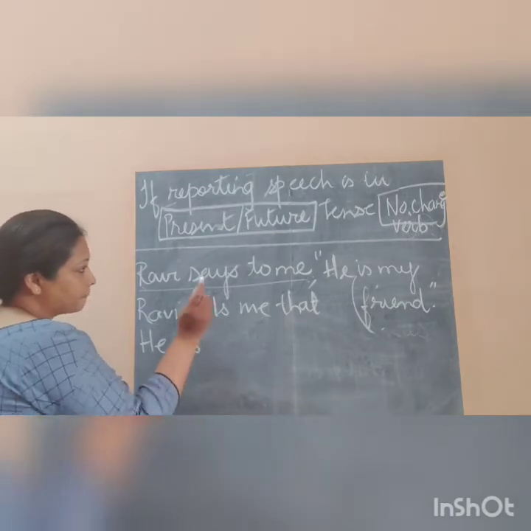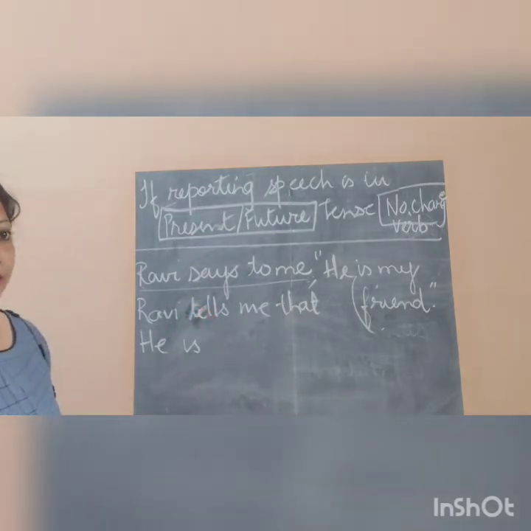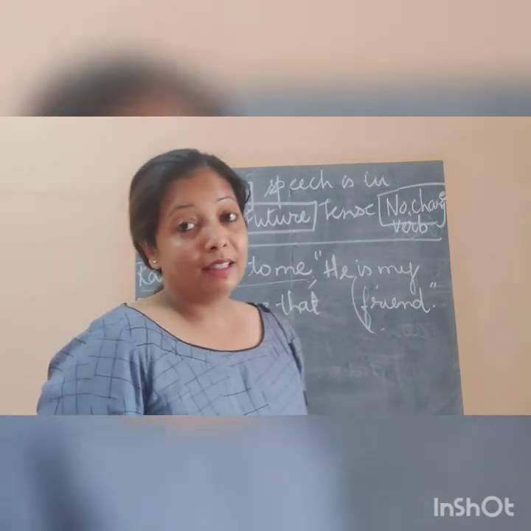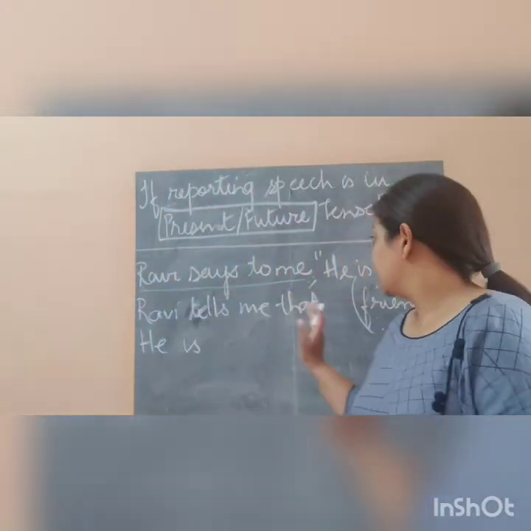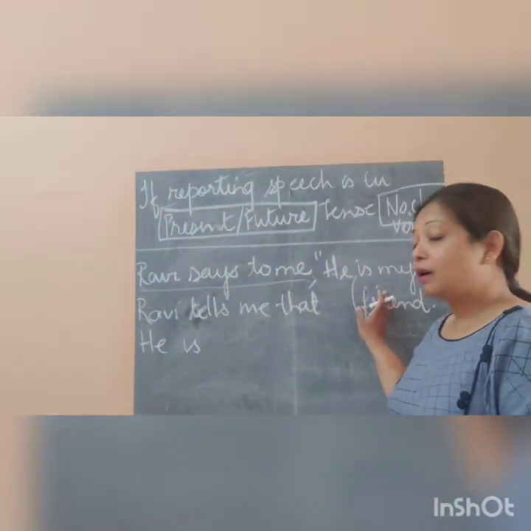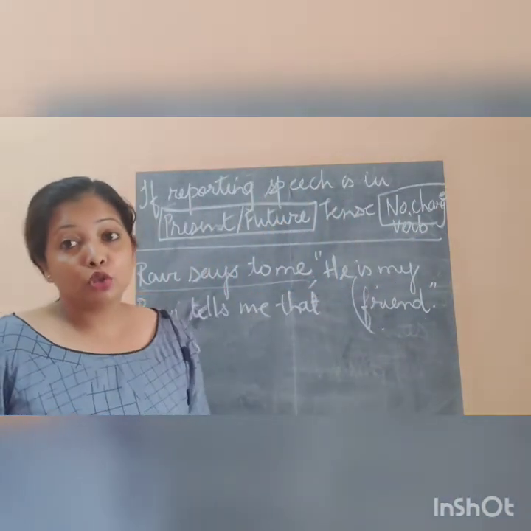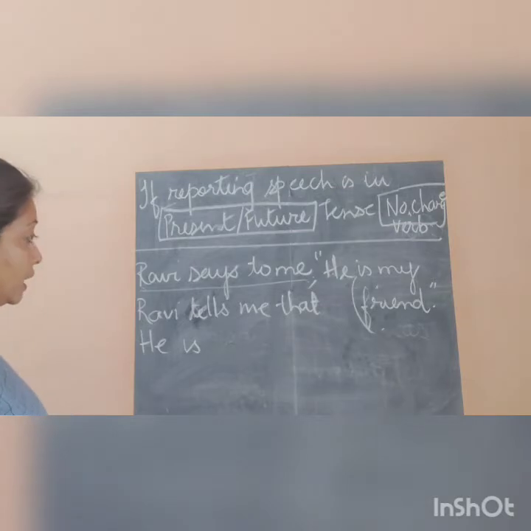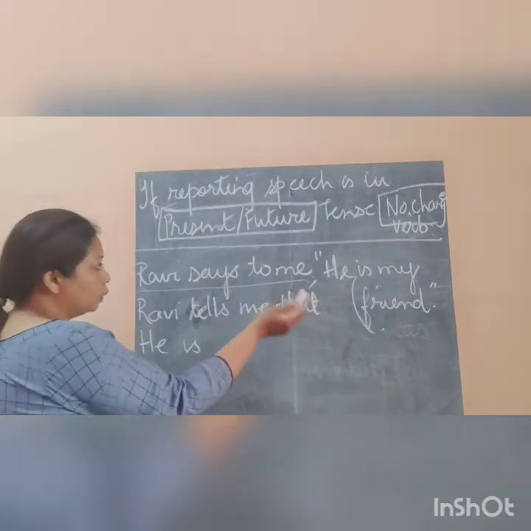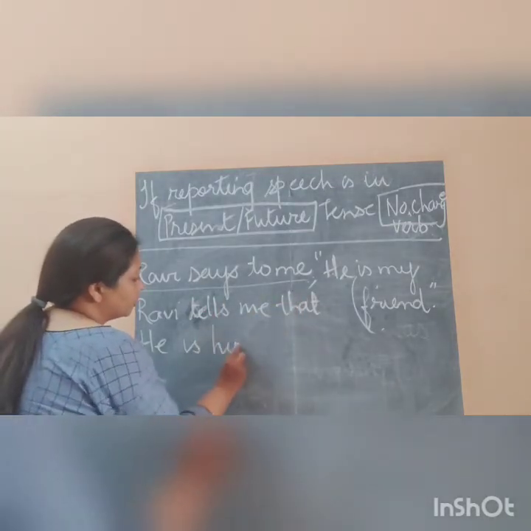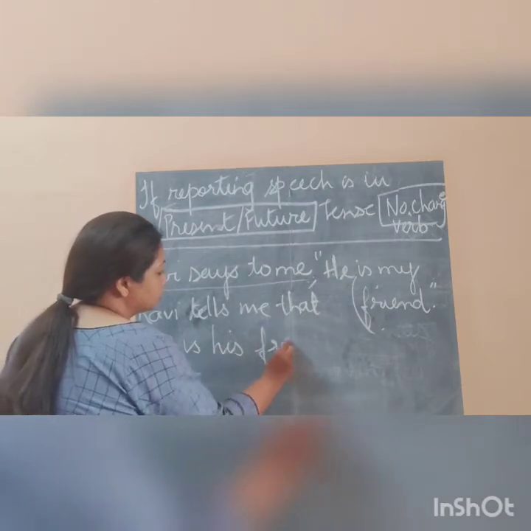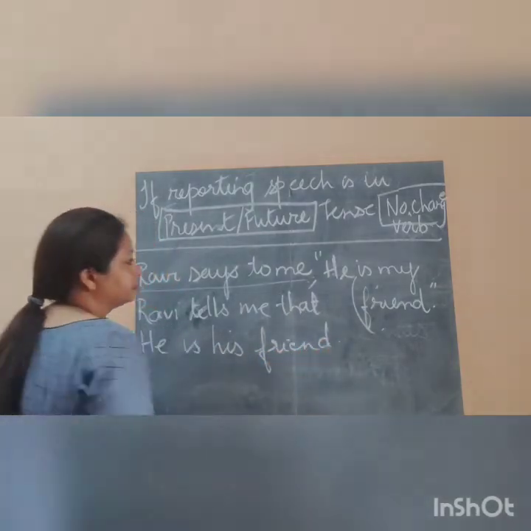is mine. Now what we will do with my? He is my. Now he is my friend is written here, right? So we said that in the reporting verb, there will be no change in the verb. So he is my, whose friend? His friend.